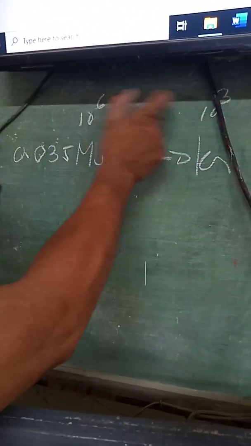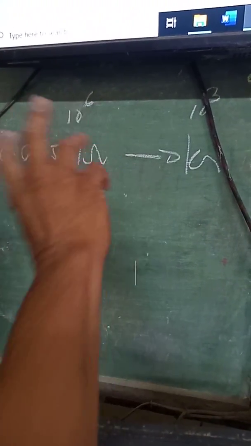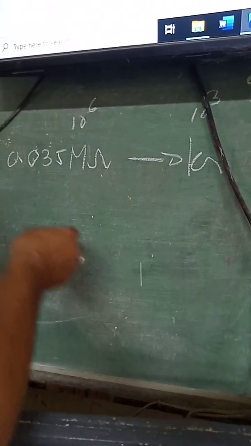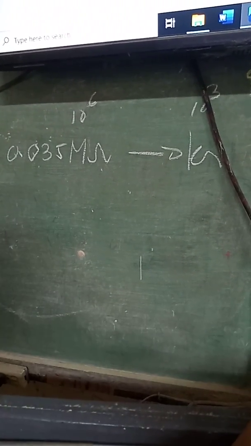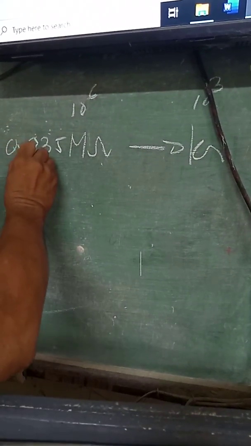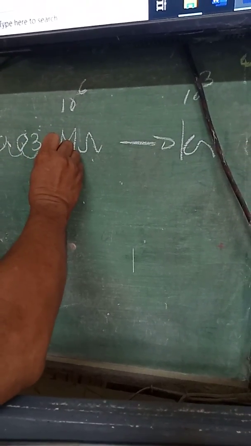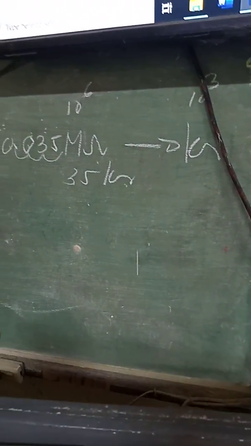So the difference between these two, the gap between them, is 3. So when you are converting a larger unit into a smaller unit, you have to move the decimal point to the right. How many places? 3, because the difference between them is 3. 1, 2, 3. That becomes 35 kilo ohms.